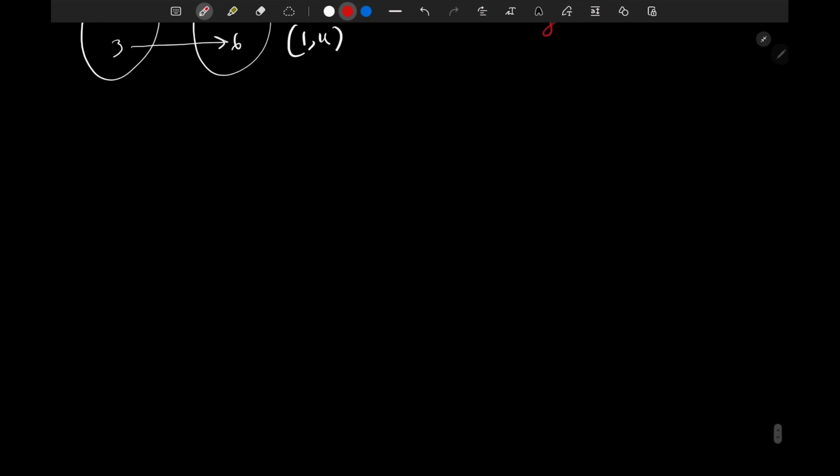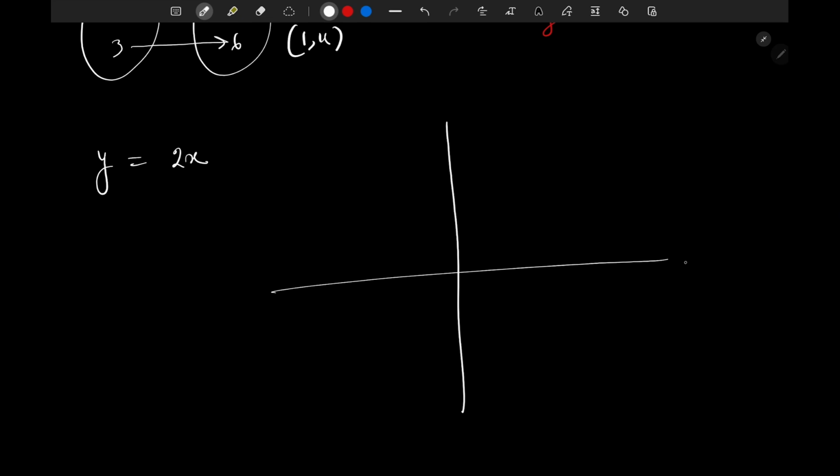So let's try to see how we can plot y equals 2x. Okay, again, you can take a graph paper and find the grids. You can take different input values of x and list the corresponding y values.